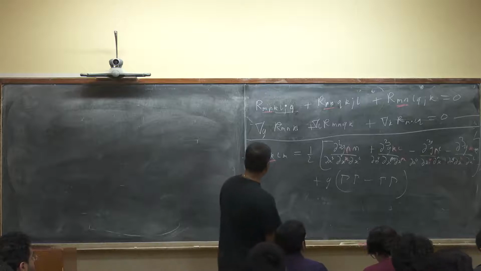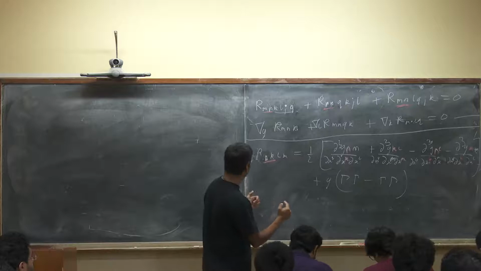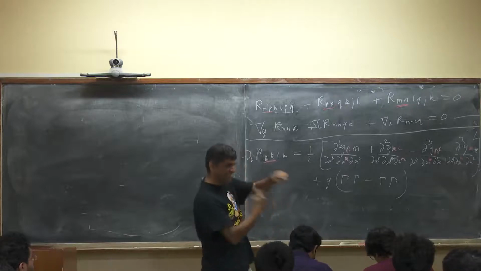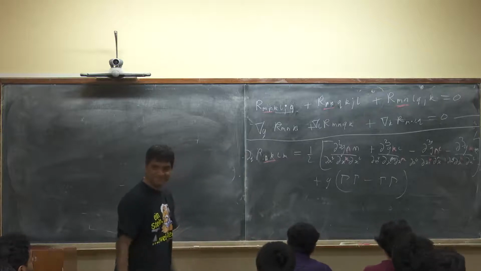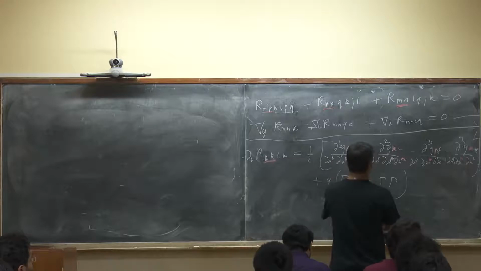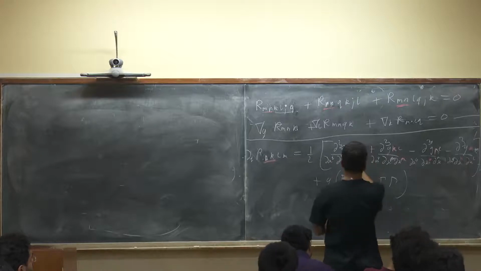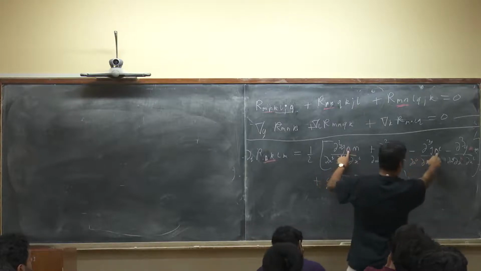And then I want to check that cyclically summing over LMQ, just cyclically permuting LMQ, gives me 0. So let's see. This term has an N frozen here. This term has an N frozen here.